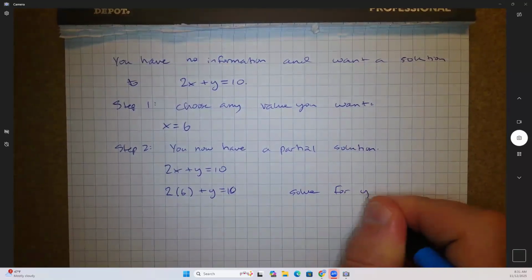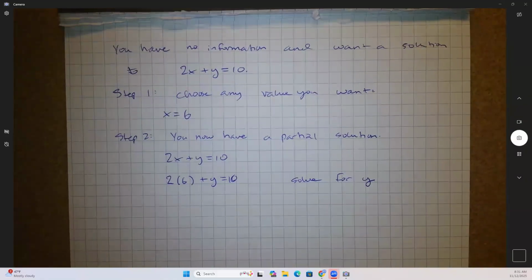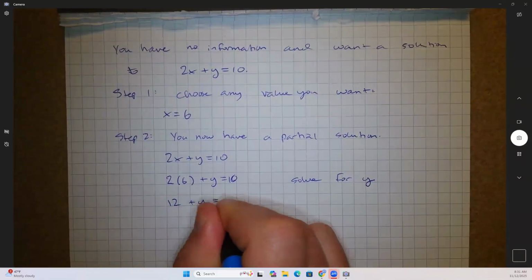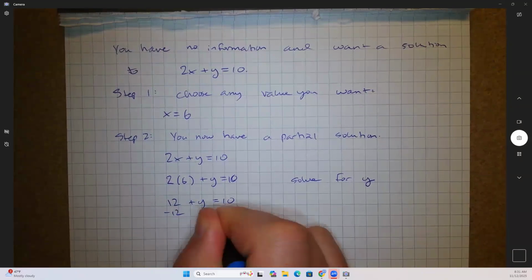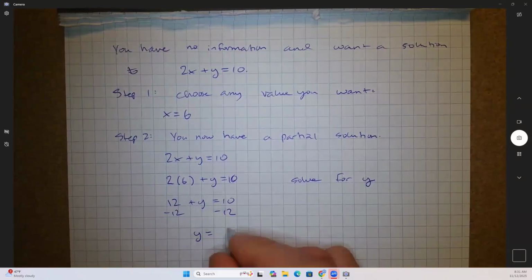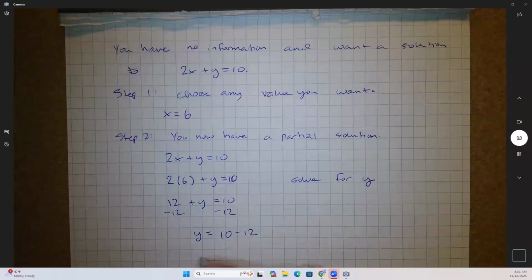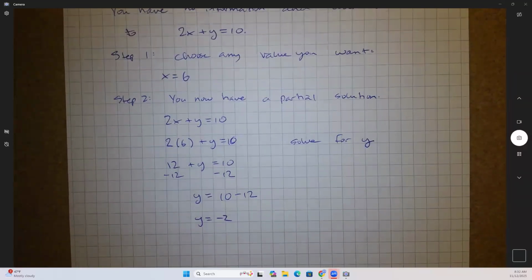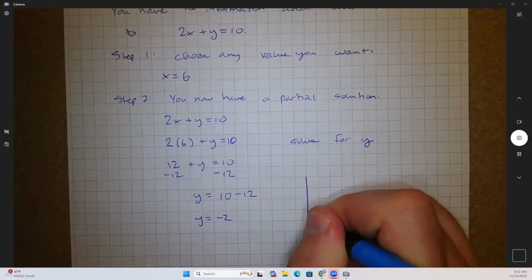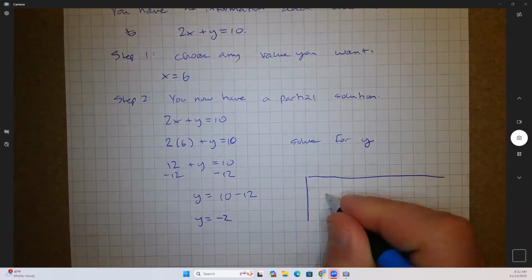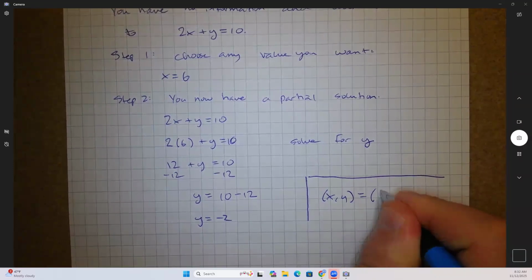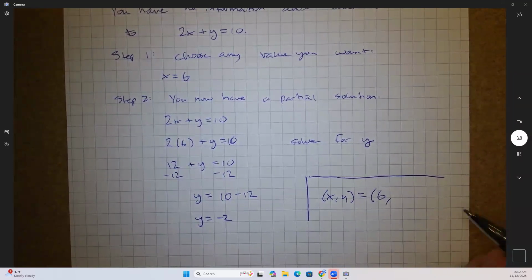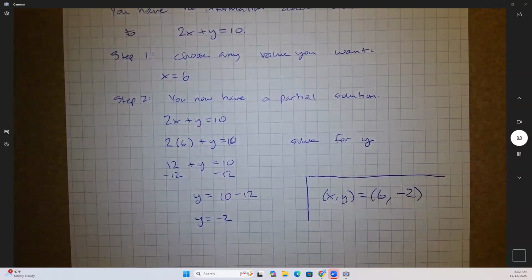So we solve that for y. 12 plus y equals 10. Subtract 12 from both sides, and you get y equals 10 minus 12, or -2. And so our solution is x comma y equals the 6 that Jose picked and the -2 that we determined y has to be in order to make it true.